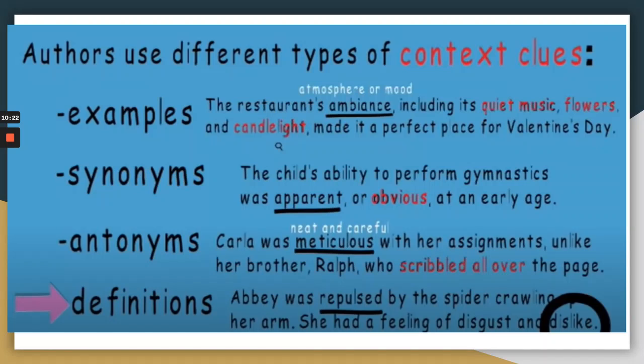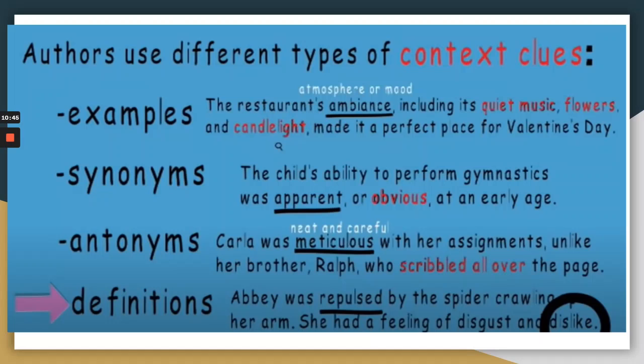Last but not least, sometimes authors actually provide definitions within the text, if using a less common word. Let's look at the sentence. Abby was repulsed by the spider crawling up her arm. She had a feeling of disgust and dislike.